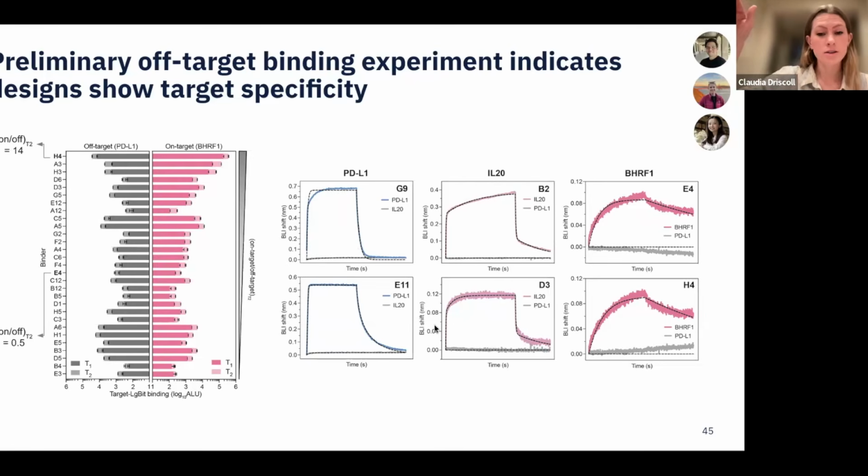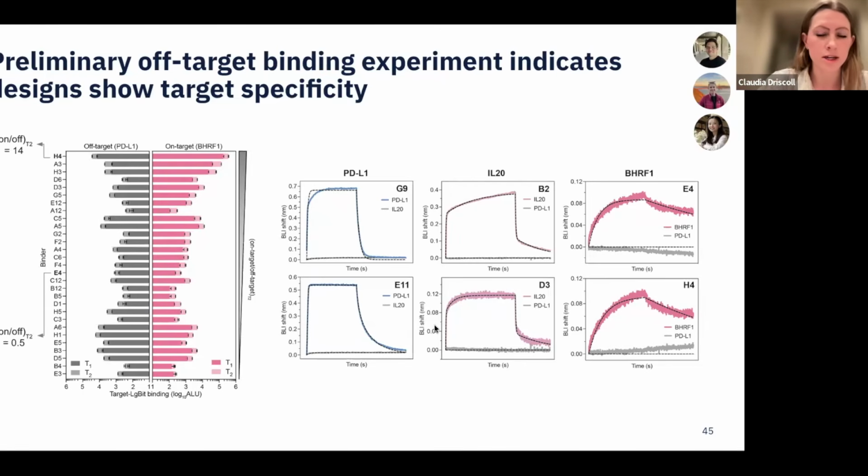The colored line is binding to on-target, and the gray line is binding to off-target. And so in each case, the gray line has absolutely no BLI shift, which is an indicator of binder binding to target.